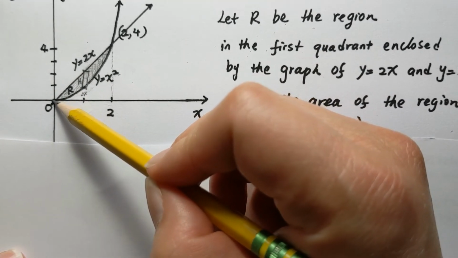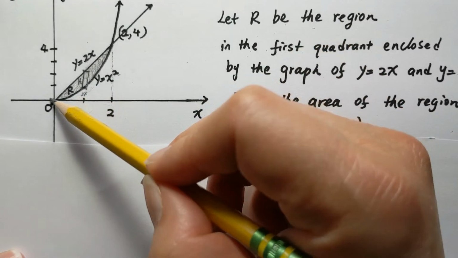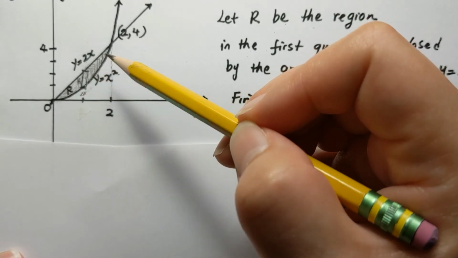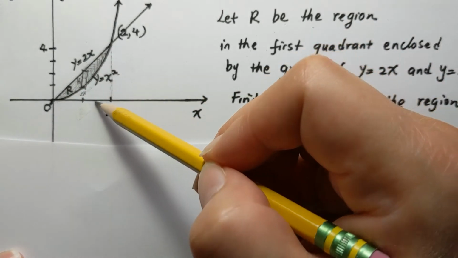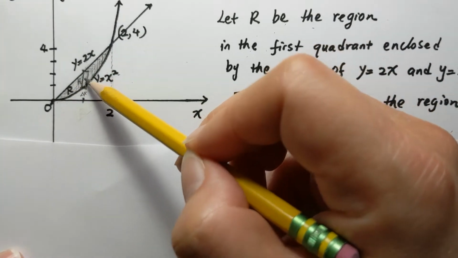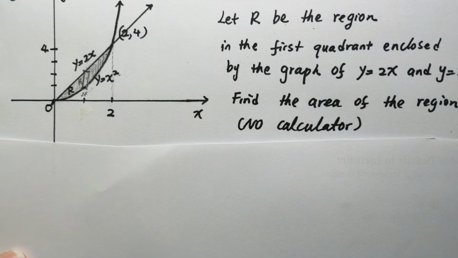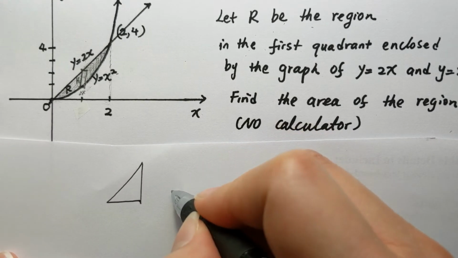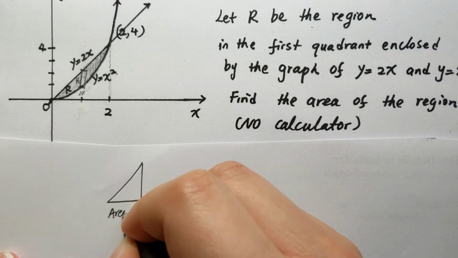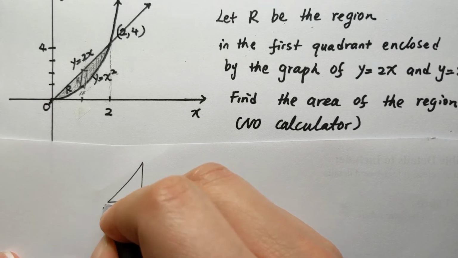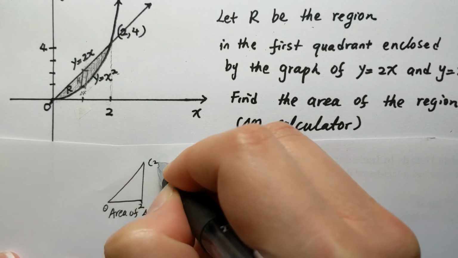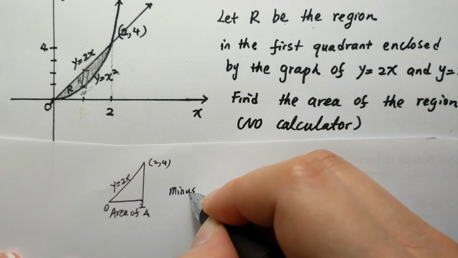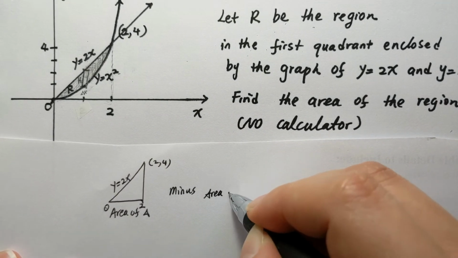You use the area of the big shape, subtract the area of this part, the white part, and then you get the shaded region. So basically you have to find the area of the triangle, minus the area of the white part.